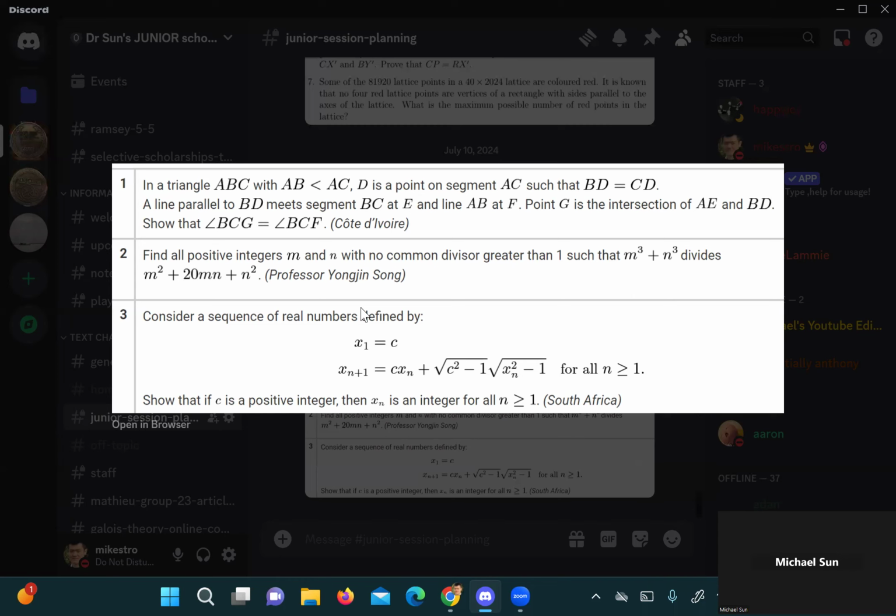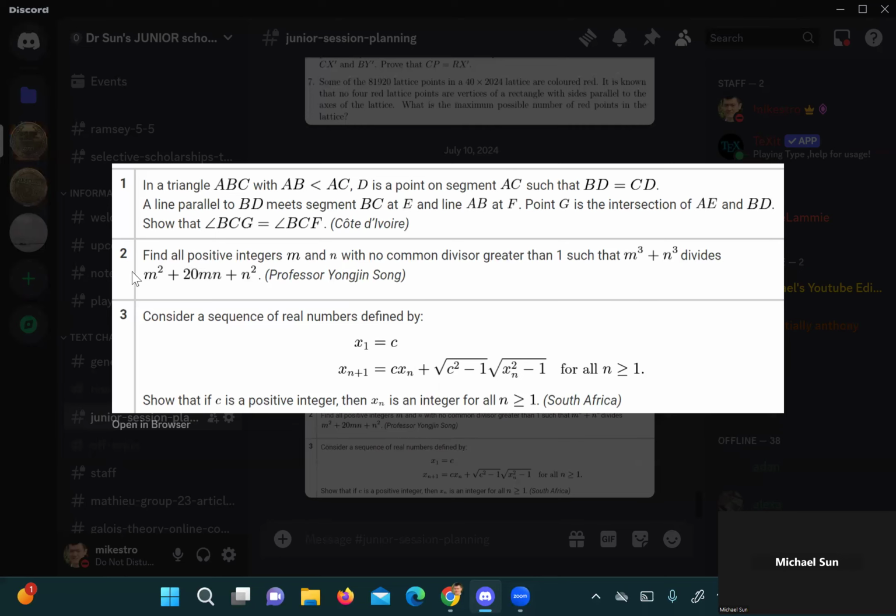Yeah. So you've got m cubed plus n cubed, and they don't share any factors basically. And you want that to be a factor of m squared plus 2mn plus n squared, you know? And I guess the idea is, if m and n get big, the cube is going to get much bigger than the square.